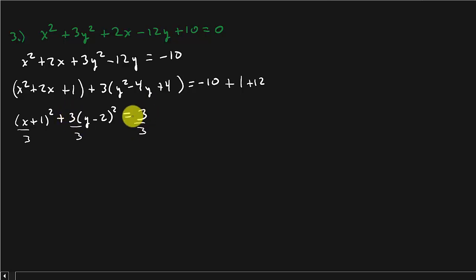I'm dividing because this is a 3. Because this over here has to be a 1. Okay, so that's going to leave me with x plus 1 squared over 3 plus y minus 2 squared. Now, the 3's cancel out. Let's go ahead and write this over 1.